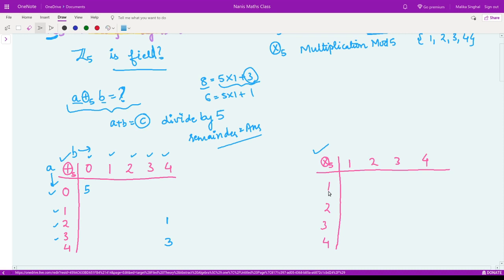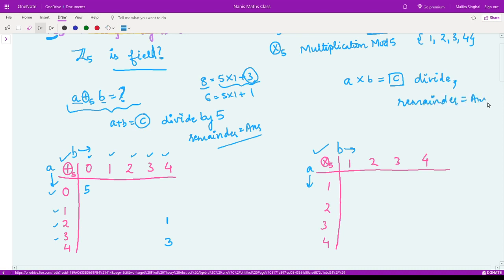For the multiplication table, we are simply taking two elements. Say A is this column and B is this row. Then I multiply these two. Then I divide this number by 5 because we are calculating mod 5, and whatever is the remainder, that would be my answer.